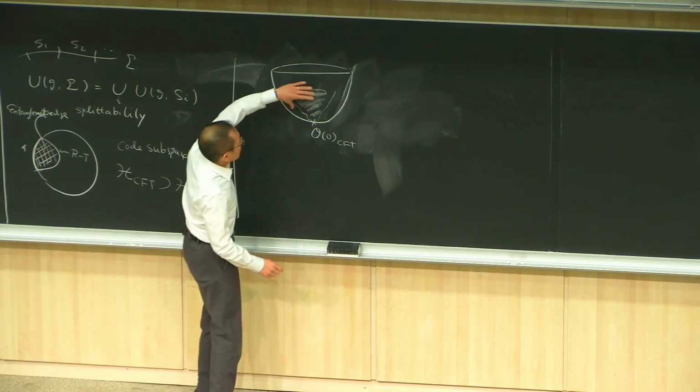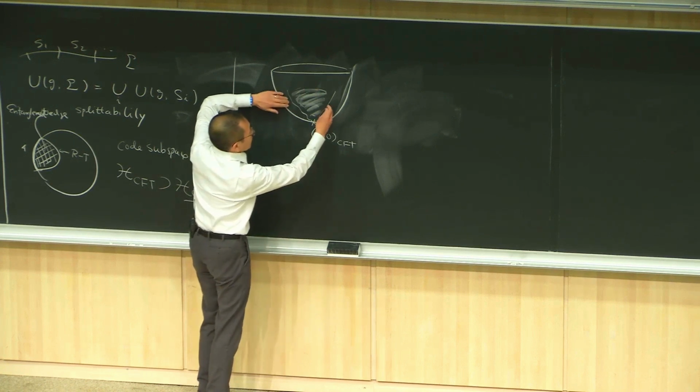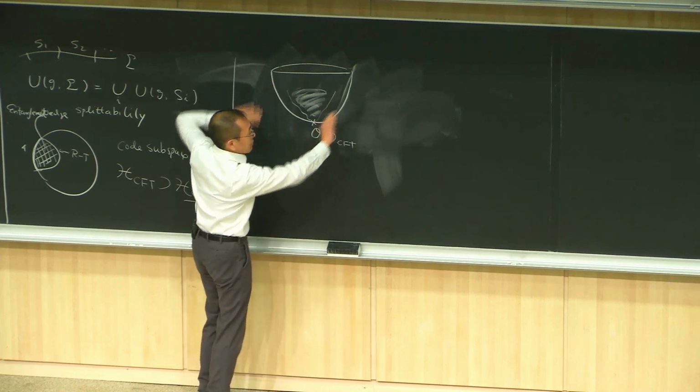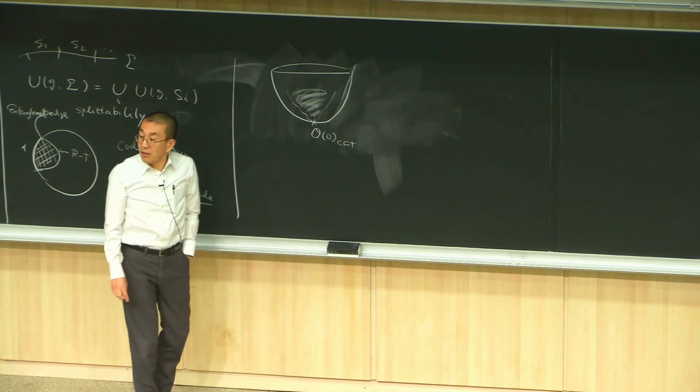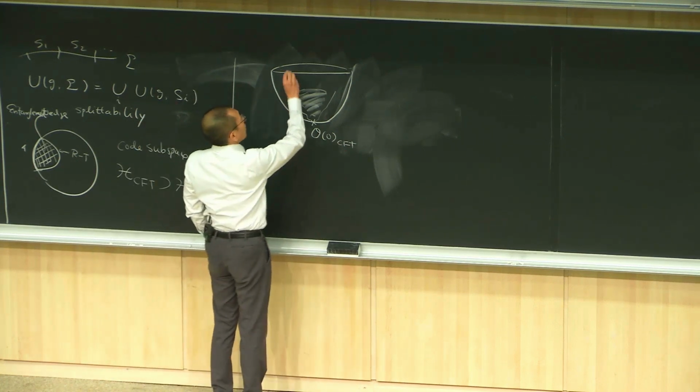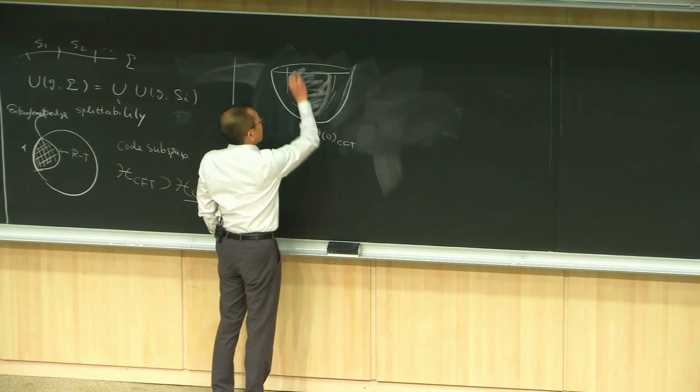That means the excitation should somehow be localized in the bulk. So outside of some region, it should exponentially asymptote to the original AdS geometry. The excitation would always have this kind of feature.